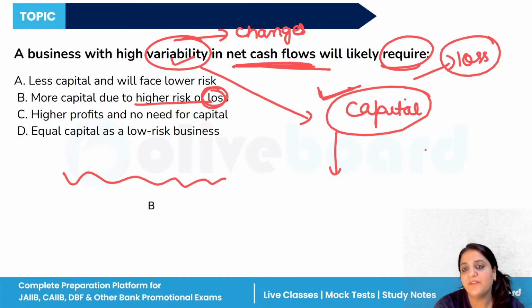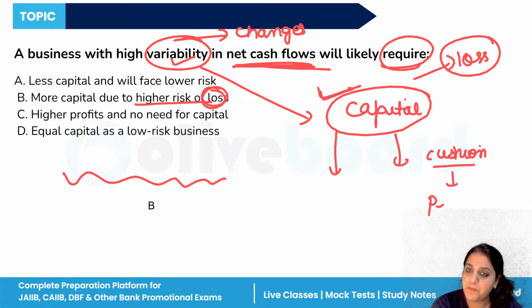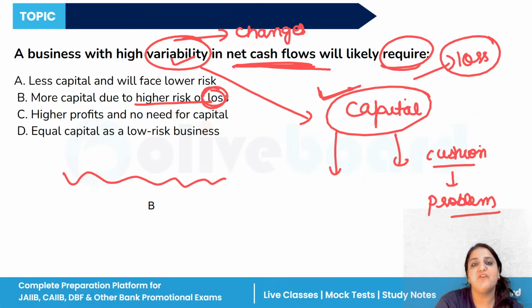And capital works like a cushion for the banks in times of problem. So more capital due to high risk of loss is required when a business has a lot of variability in the net cash flows.